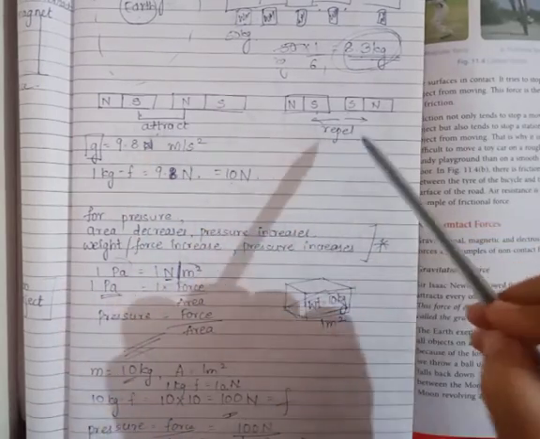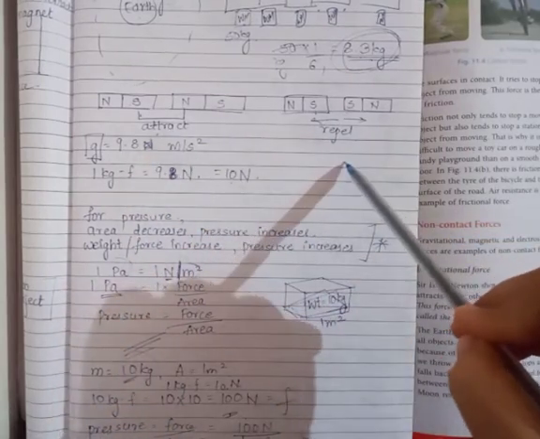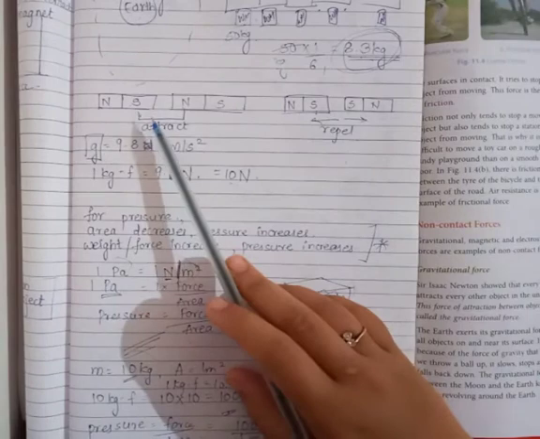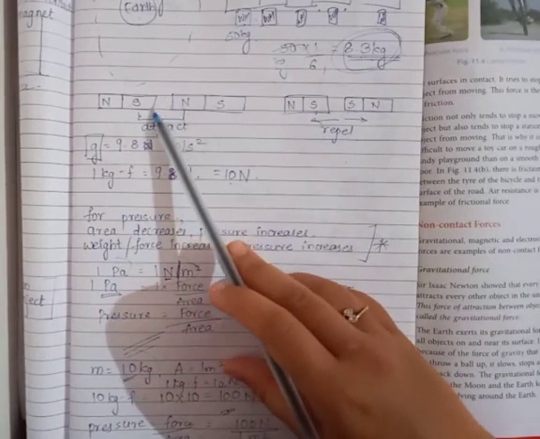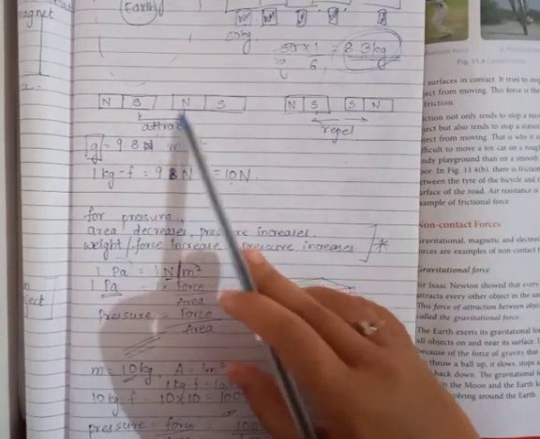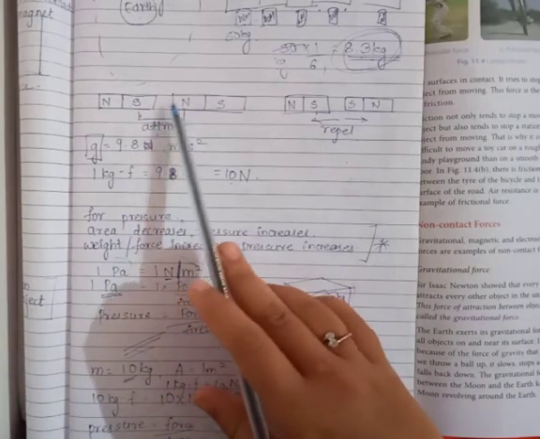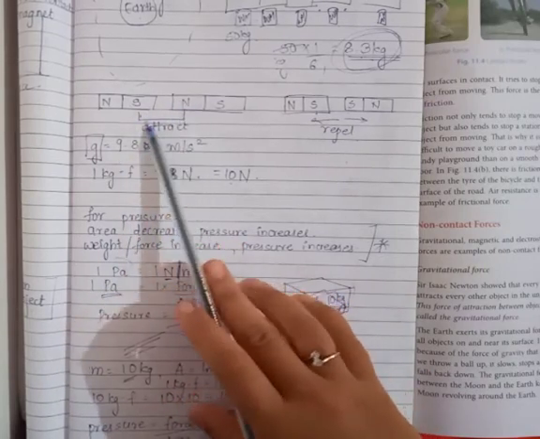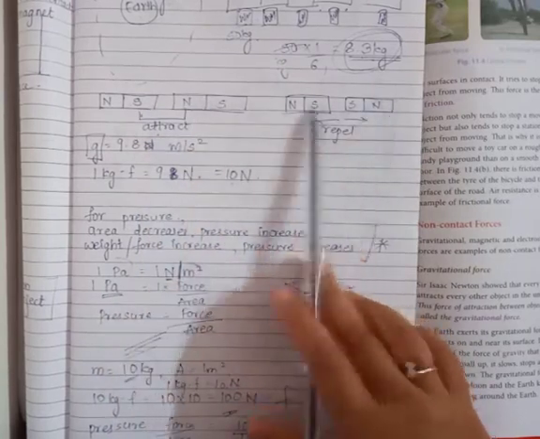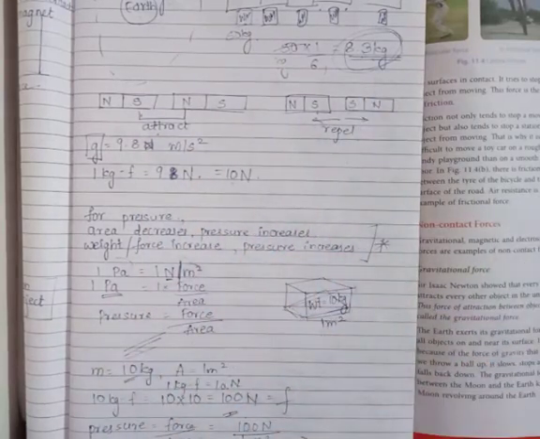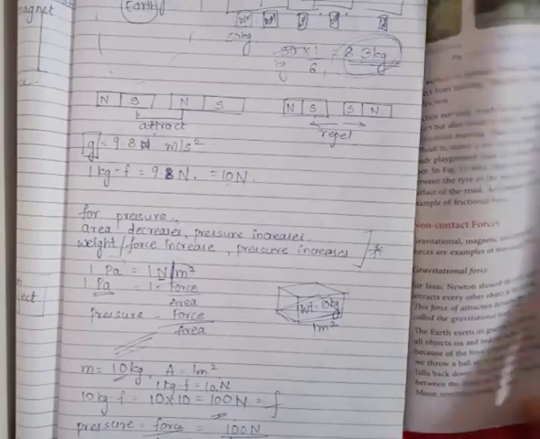This attraction and repulsion are also forces, so we can say magnetic force is present. Between the two magnets there is no rope, wire, nothing to connect them. It acts from a certain distance, so we call it non-contact force. Next we saw the unit of forces.